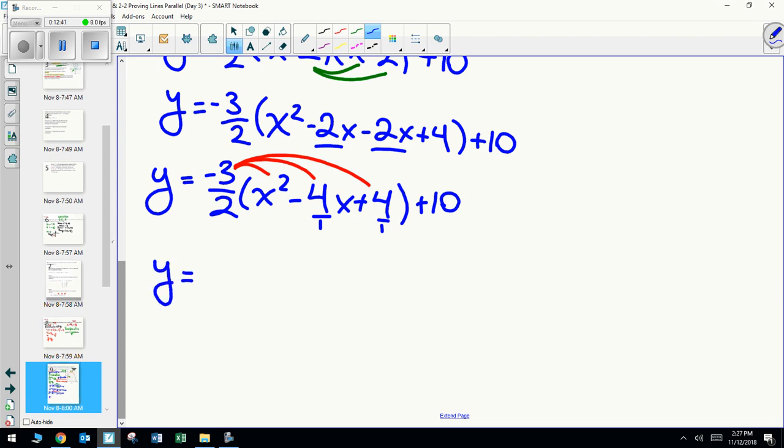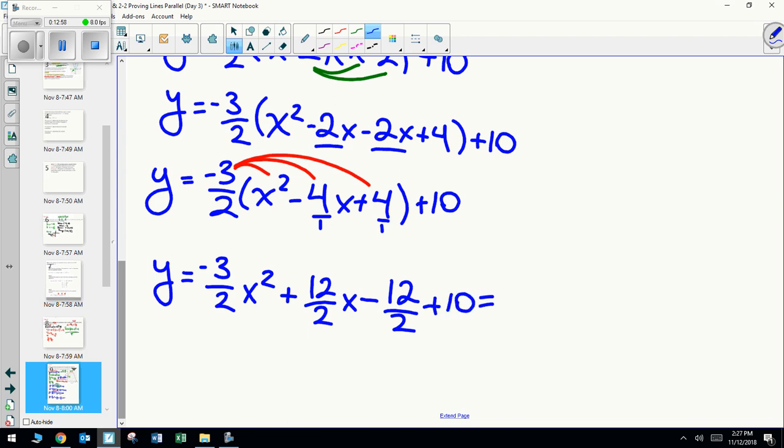So now I get y equals negative 3/2 x squared plus 12 over 2 x minus 12 over 2 plus 10, which, if I combine like terms and simplify where I can, the 12 divided by 2 just becomes 6, and my final answer is negative 3/2 x squared plus 6x. Negative 6 plus 10 is going to give me positive 4.